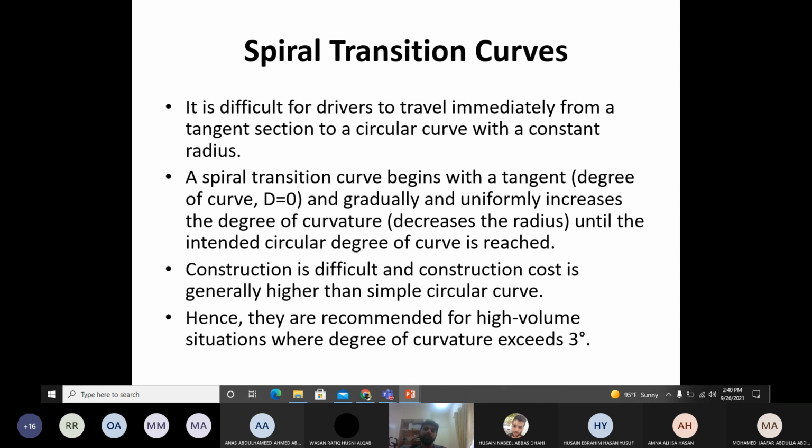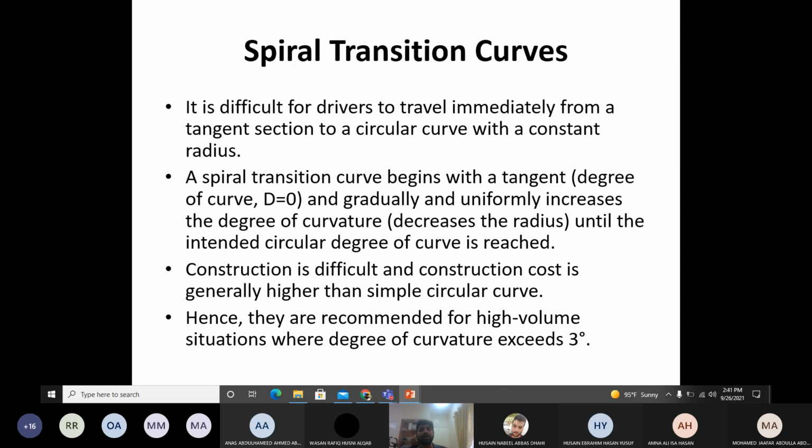The transition curve is provided between the tangent and the circular curve, so that the change in radius or change in degree of curvature happens gradually. Without the spiral curve, when you are on the tangent, there are no forces, or fewer forces, acting on you.